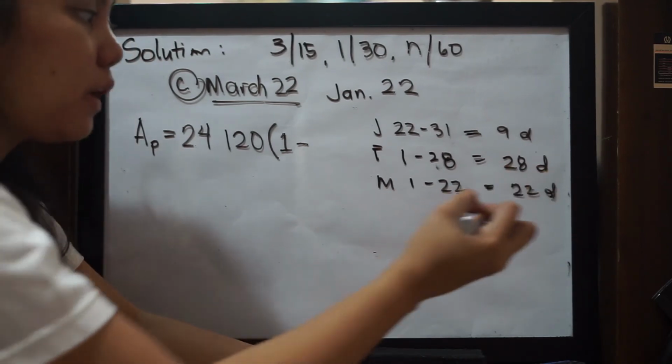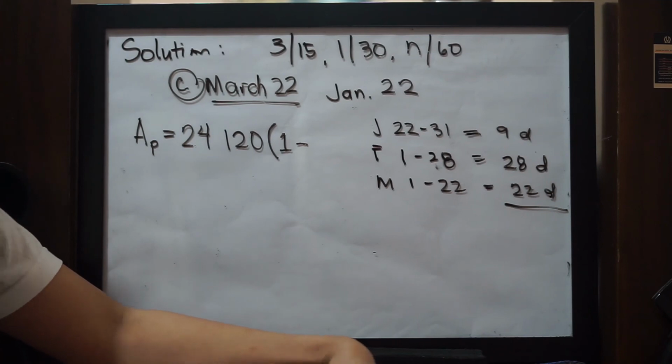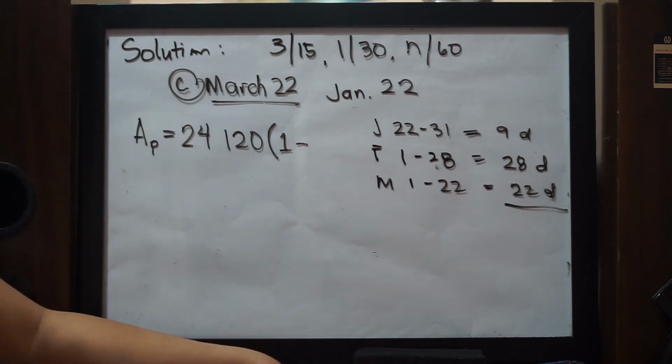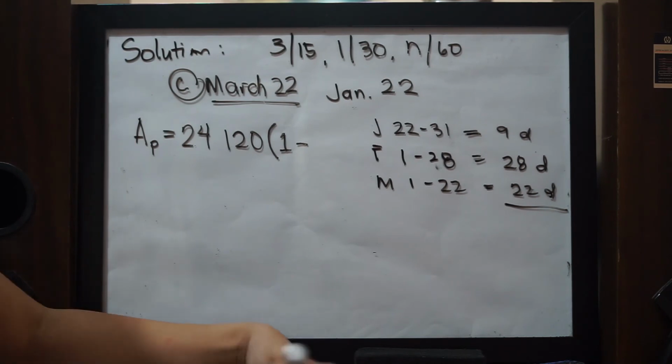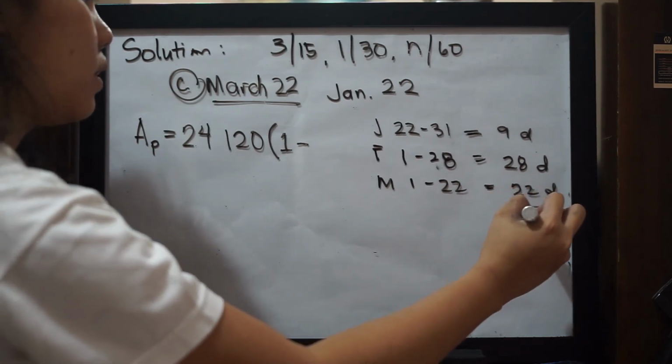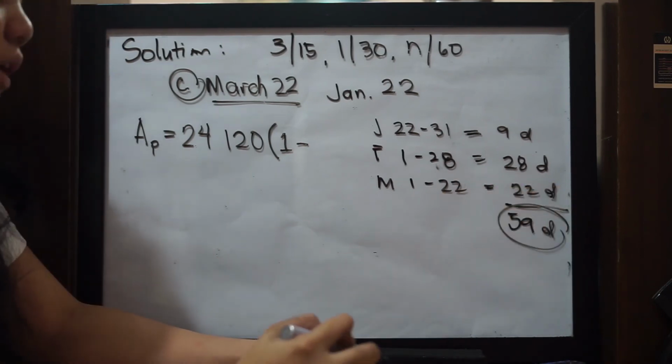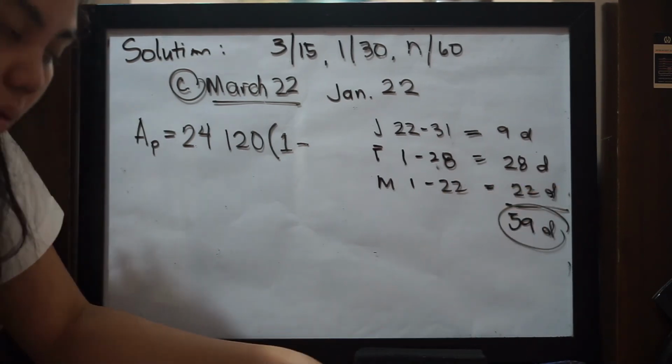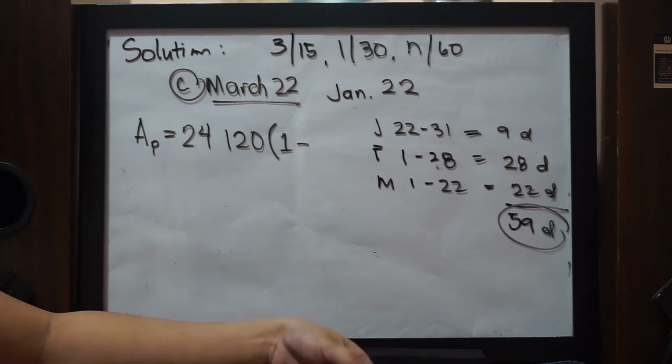So, ang gagawin ko lang is i-add ko tong lahat. So, adding those, we have 9 plus 28 plus 22. We have 59 days.